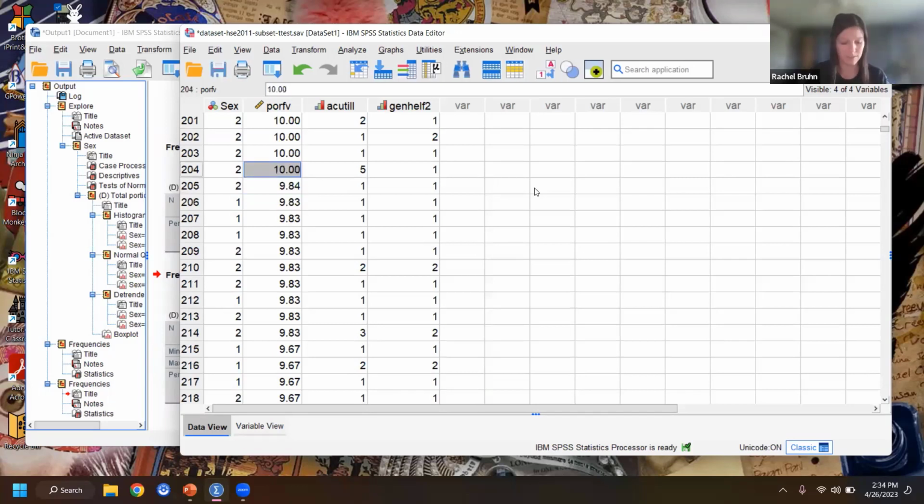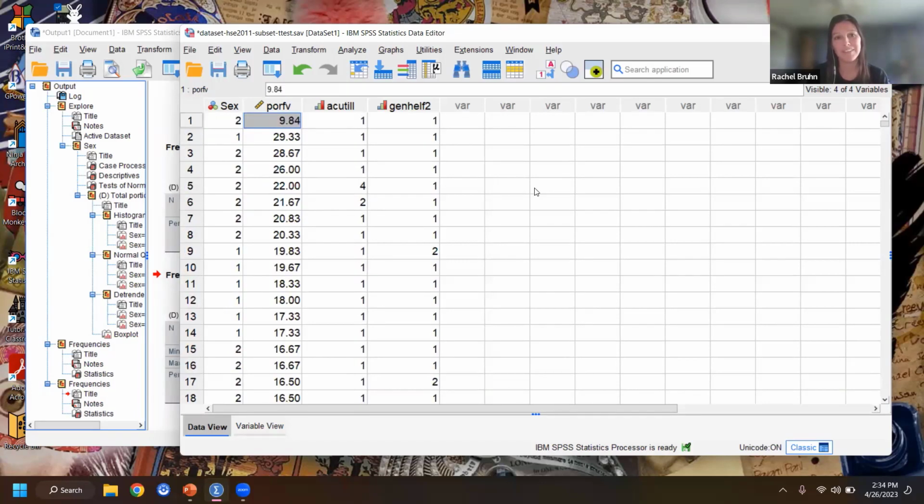So I'm changing all of these. And again, I would have to do this to all of it, and it's very time consuming. So we're just using that same value for every single value that exceeds the limit that would be considered our cutoff for our outliers.